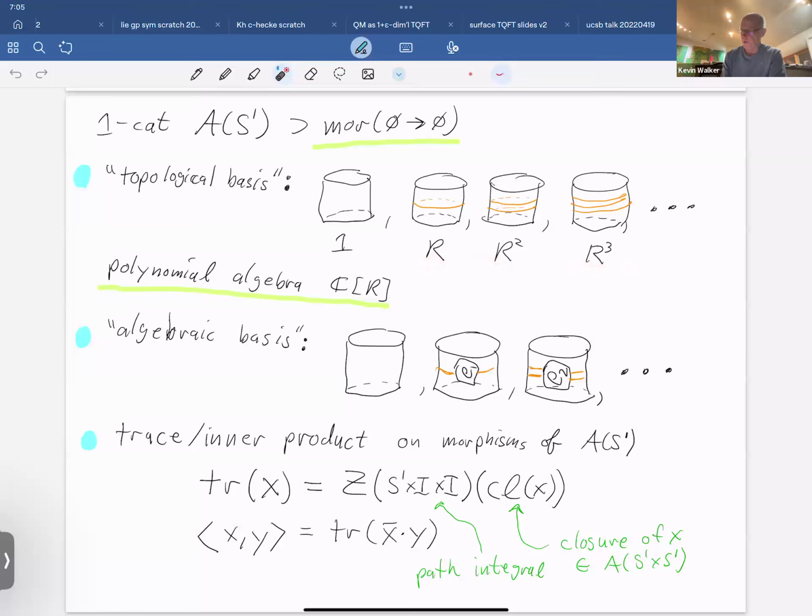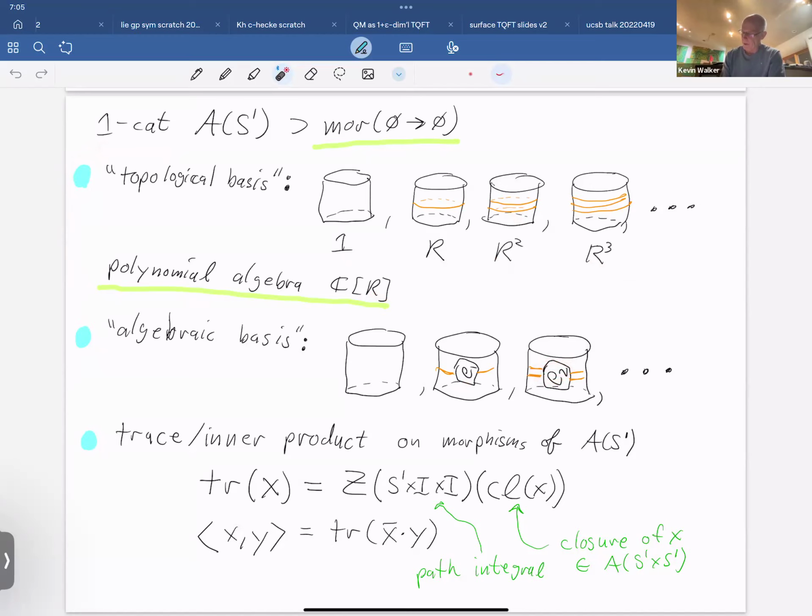And it's pretty easy to convince yourself that if you have an arbitrary one-manifold in the cylinder, then it's equal to something like this up to a factor. And so we get a polynomial algebra on one variable in this case. But there's also a basis we can get from taking the idempotents from the previous slide and closing them up.